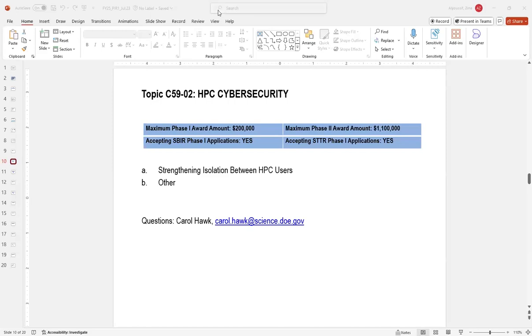So we have one question on cybersecurity. Would the application of cloud native, i.e. Kubernetes, security features be responsive to the HPC cybersecurity topic?